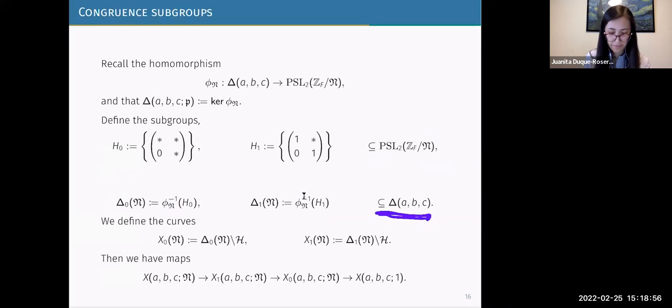Since they live in the triangle group, we can again play the same game and define the curves that we want. So we have the action of delta 0 of any ideal on the upper half plane, and that's going to be our triangular modular curve X0. Here, sorry, I'm missing an ABC. This all depends on the ABC you pick, and here too.